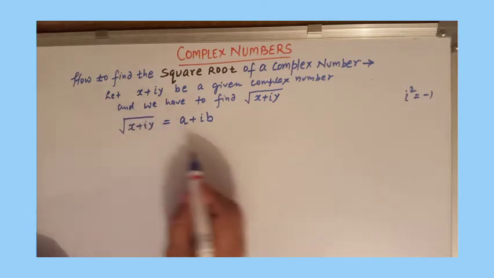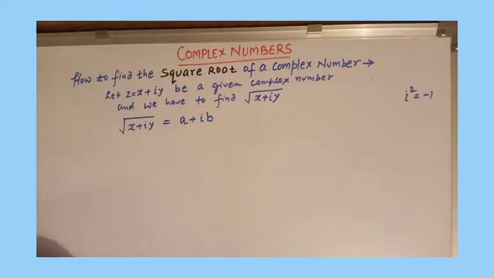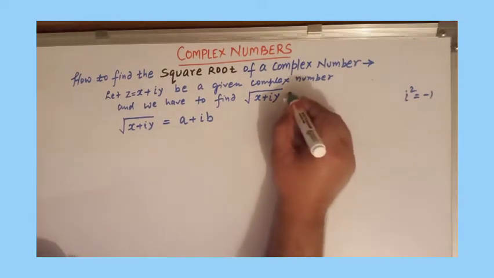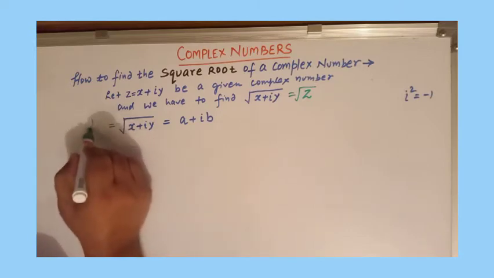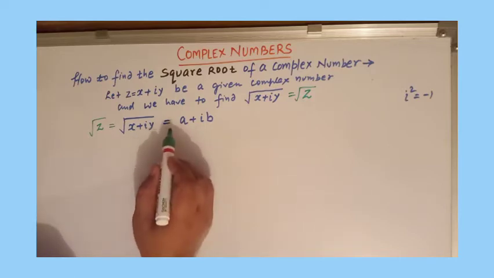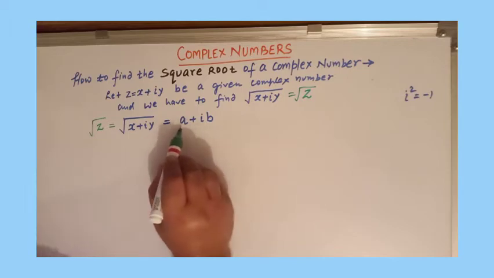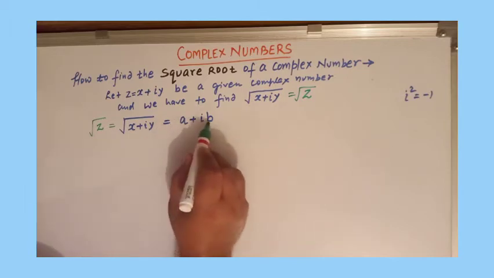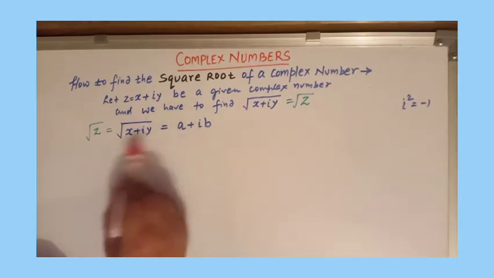So here we have a complex number, say z equal to x plus iota y, and we have to find the square root of z, and the square root of this complex number z is again a complex number of the form a plus iota b.